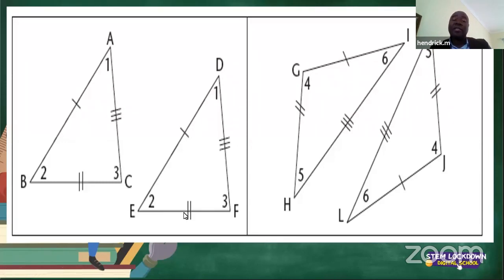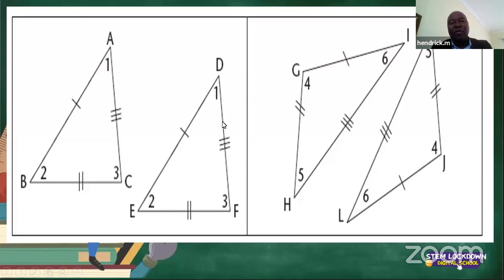And of course, the last one will be AC. As you can see, it has got three lines there. AC will be equal to DF.